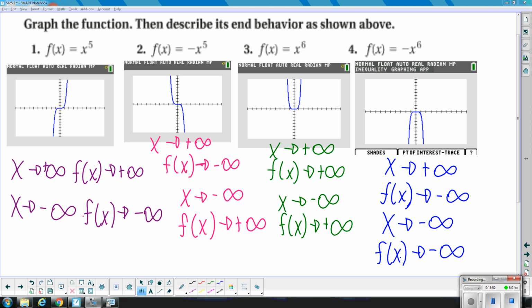So look at these solutions that I've written up here and compare them to the end behavior of polynomial functions, because they should all hold true. So in number 4, for example, we have a negative leading coefficient and we have an even exponent. So as x approaches positive infinity, f of x approaches negative infinity.